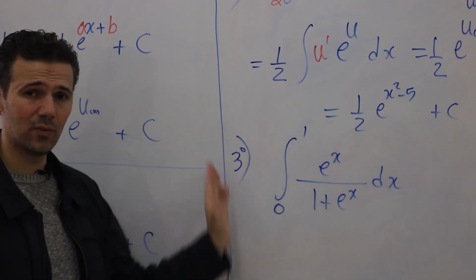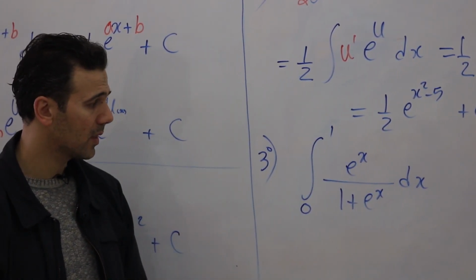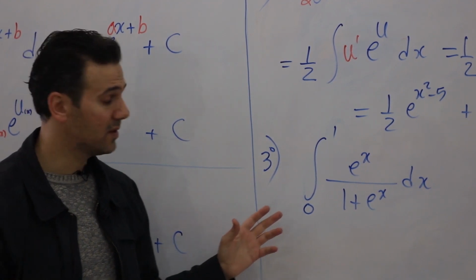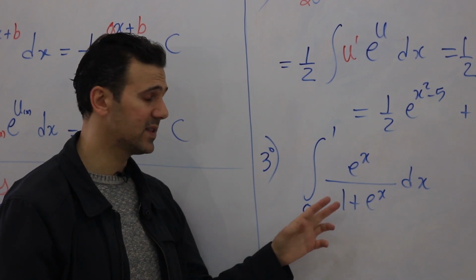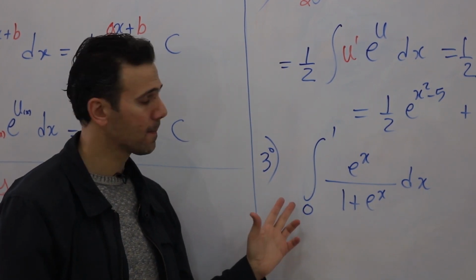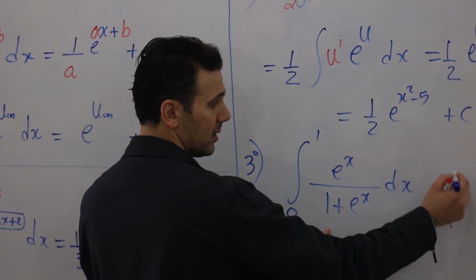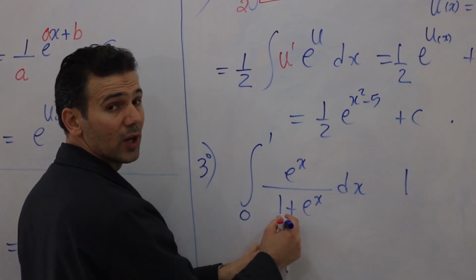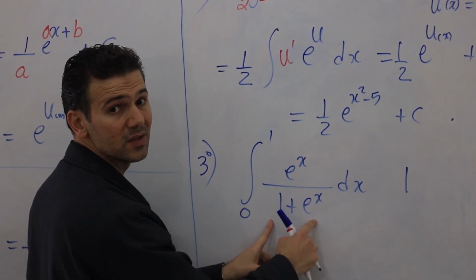We have to deal with it as a whole function. Try to think or guess who is the derivative of the other. If you look at the denominator, it has an additional 1, so the numerator must be the derivative of this denominator.